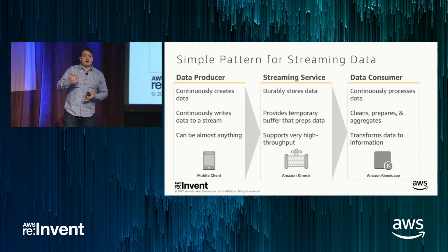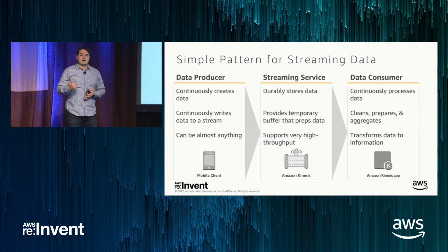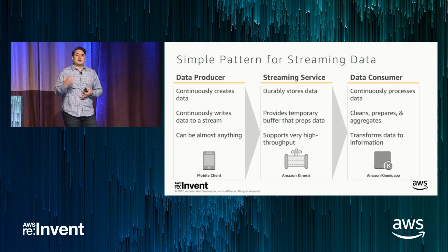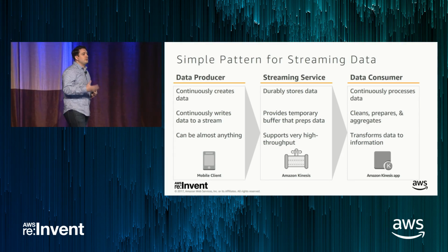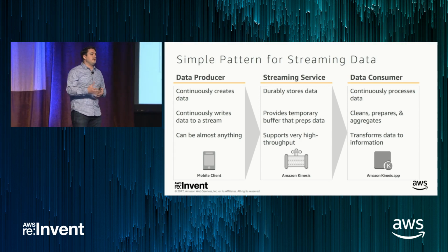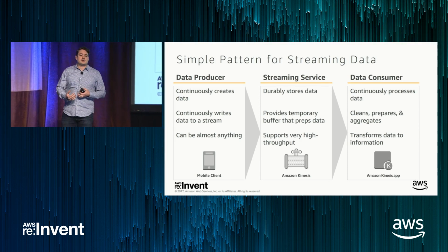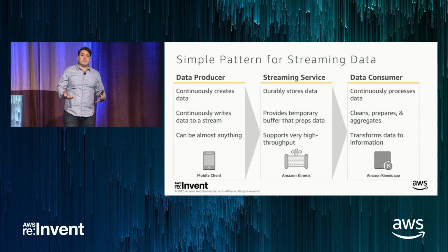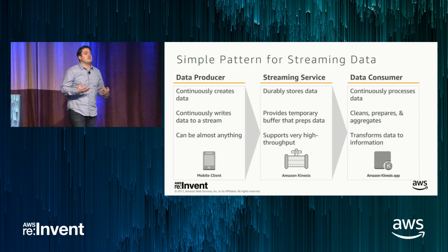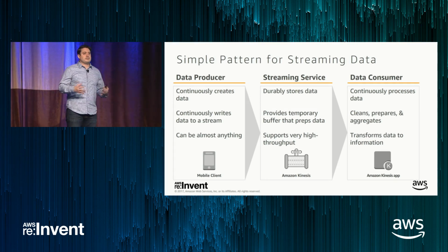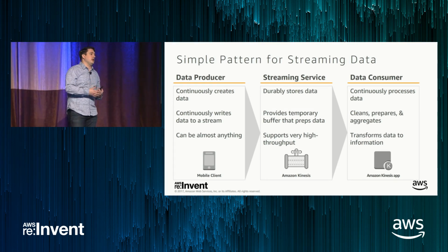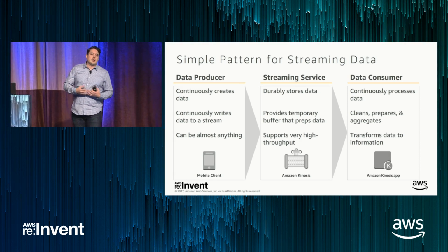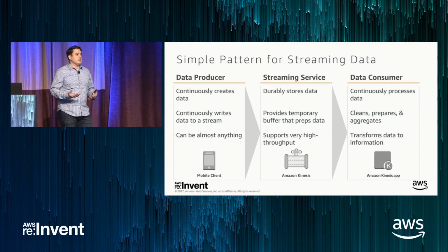When I mention the word continuous, think about a data producer continuously writing to a streaming service, a streaming service continuously ingesting and durably storing that data, and then a data consumer reacting to that data, processing it in real time, and doing something with it. That something could be as simple as buffering it, running simple ETL, and durably storing it to Amazon S3, or as sophisticated as running real-time machine learning algorithms to detect anomalies.